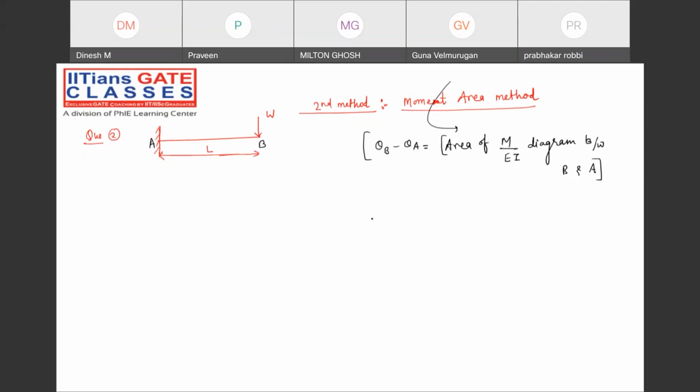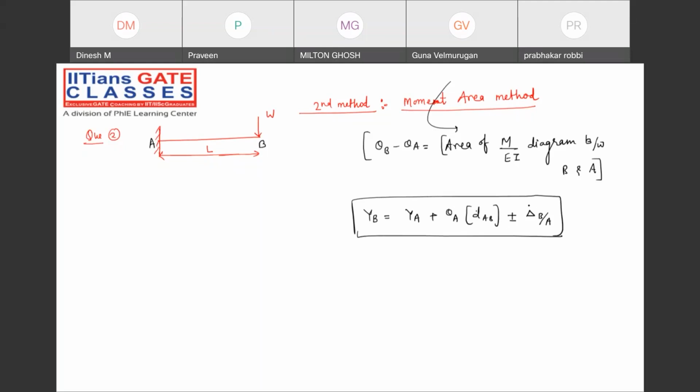Now, how to find the deflection? YB will be YA plus theta A into the distance between A and B plus or minus the deflection of B with respect to A. This is the formula we are having for finding the deflection, where this value will be the moment of area of M by EI diagram between B and A with respect to B. Now, once we understand these things, then you will understand the moment area method statements.